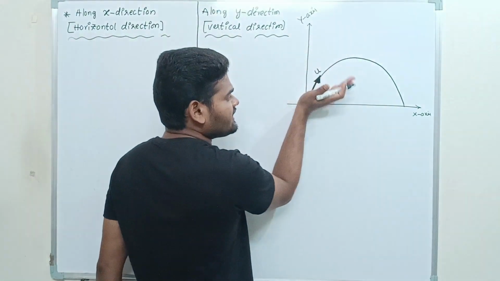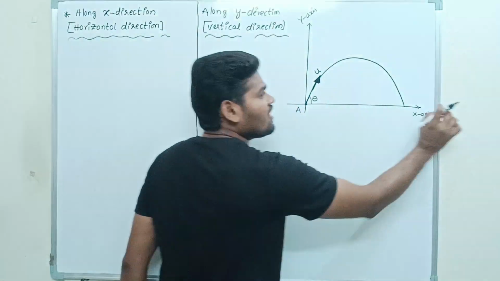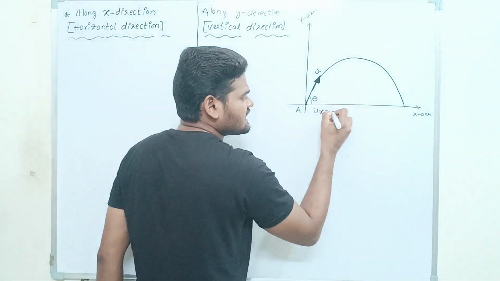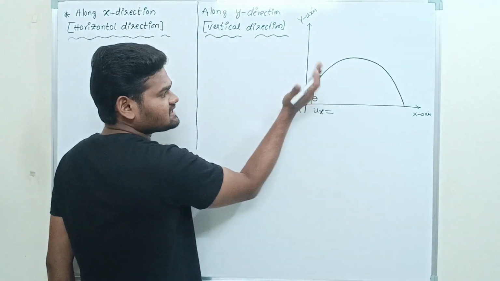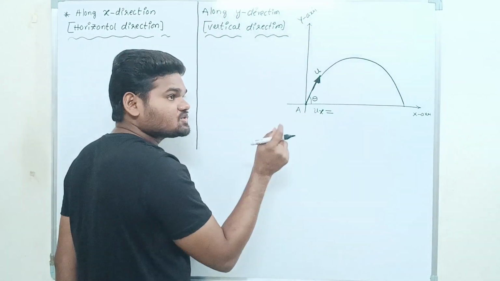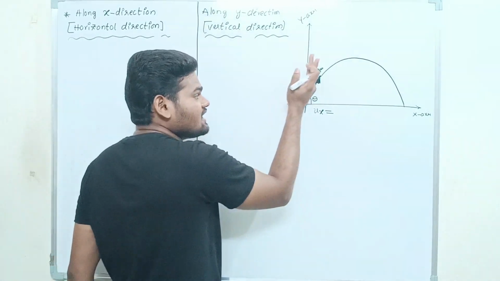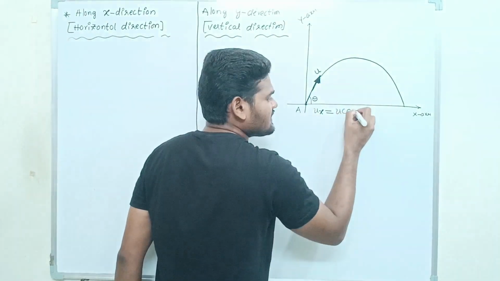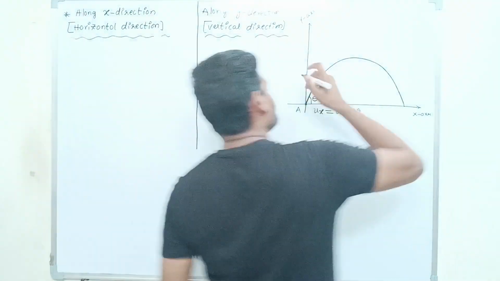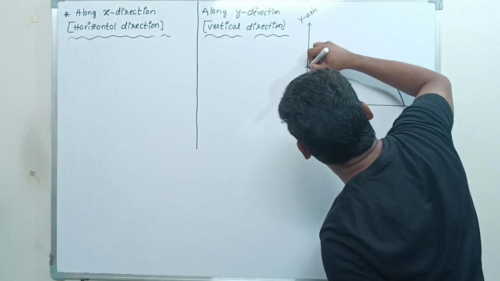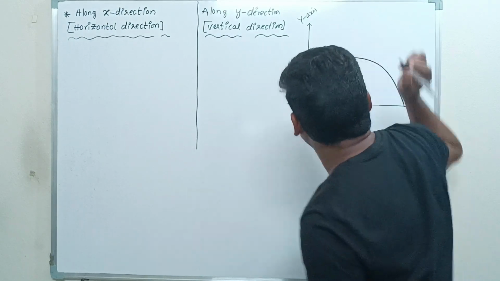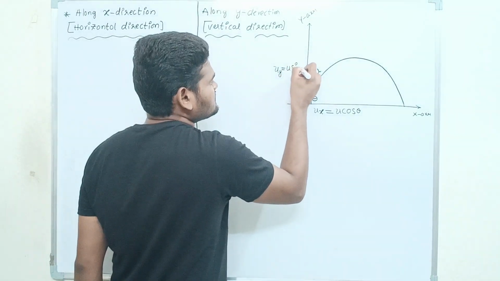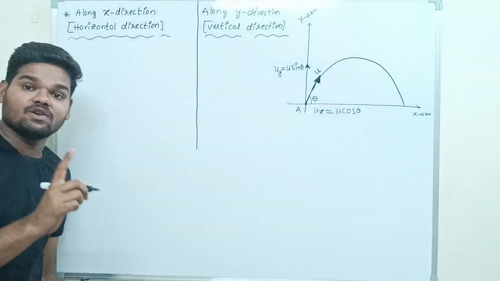Along the theta side, this is the horizontal direction, the x direction. So the initial velocity of the object along the x direction, by resolution of vector components, which I told you, is this magnitude into cos theta. And perpendicular to this, along the y direction, the initial velocity of the object uy is equal to u sin theta.